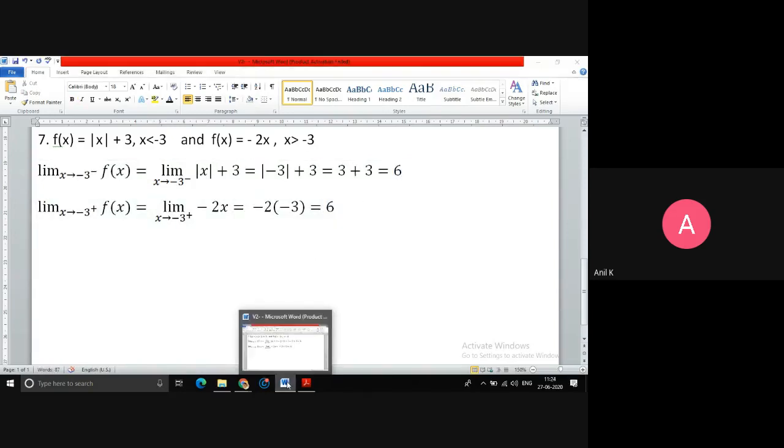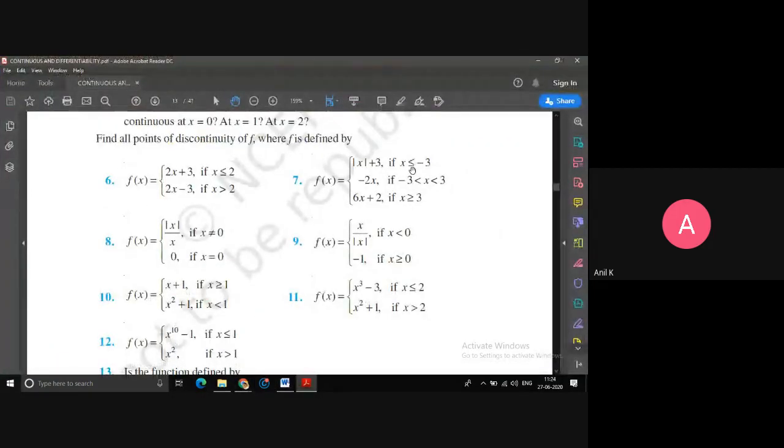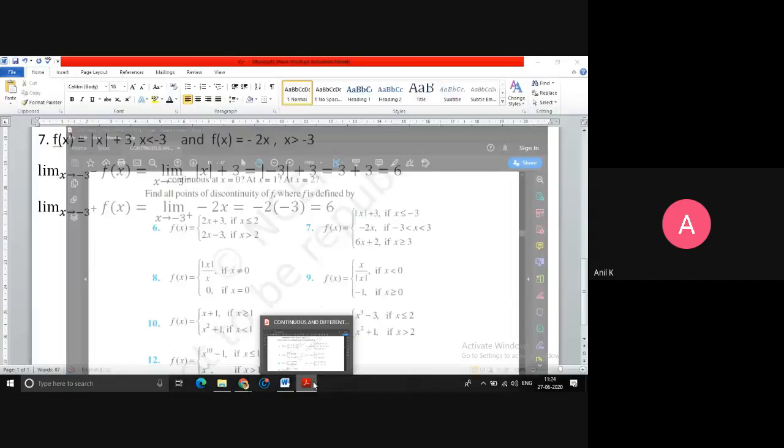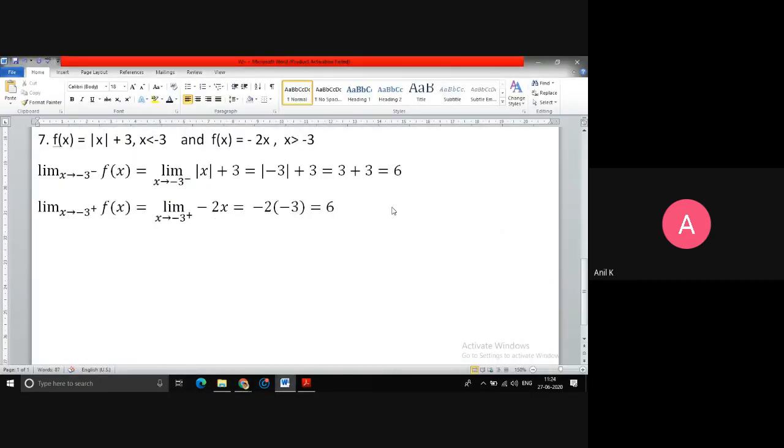Now I have to find the functional value. Functional value means here, what is the equal sign? If x is equal to minus 3, here it is given mod x plus 3. So next step, f of minus 3 will come. Functional value is f of minus 3.